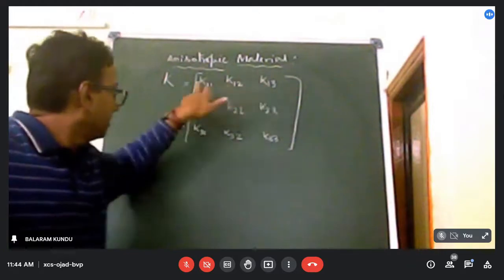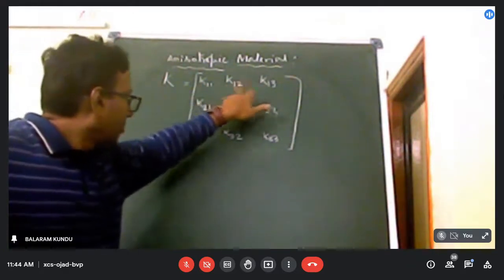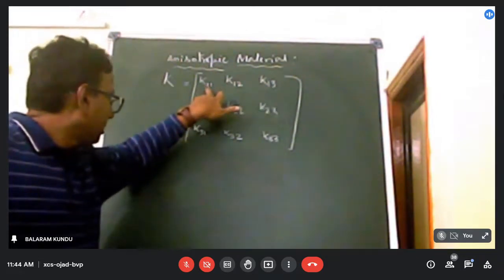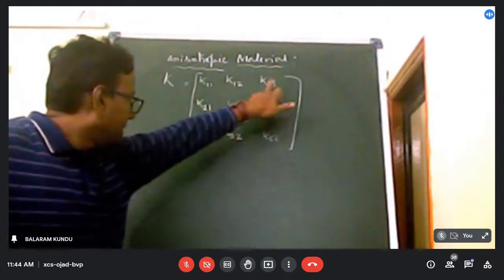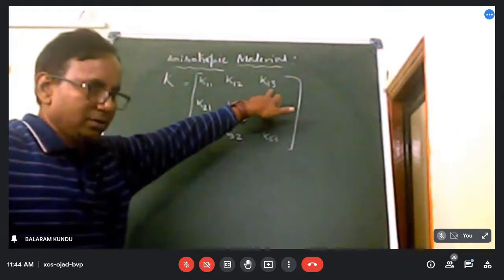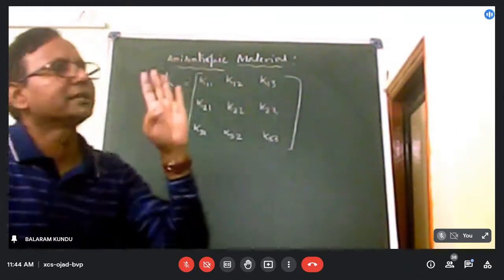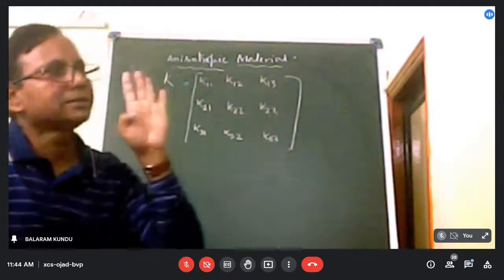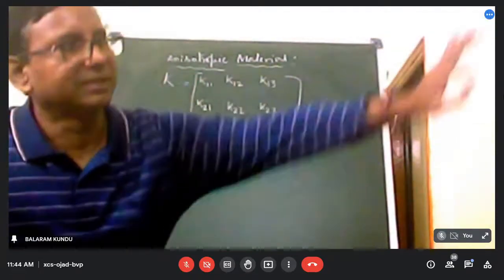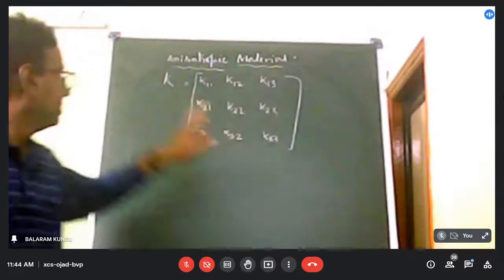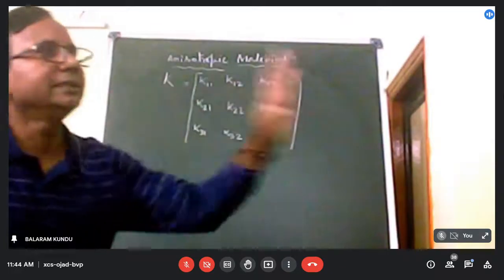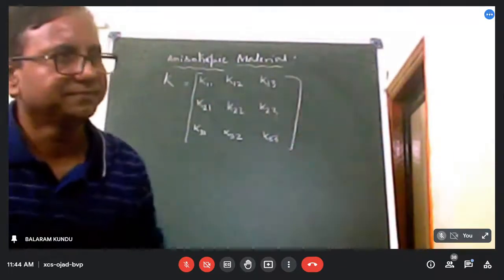So these are K11, K12, and K13, with first suffix 1. These three thermal conductivity components are responsible to conduct heat in the solid in the x direction.